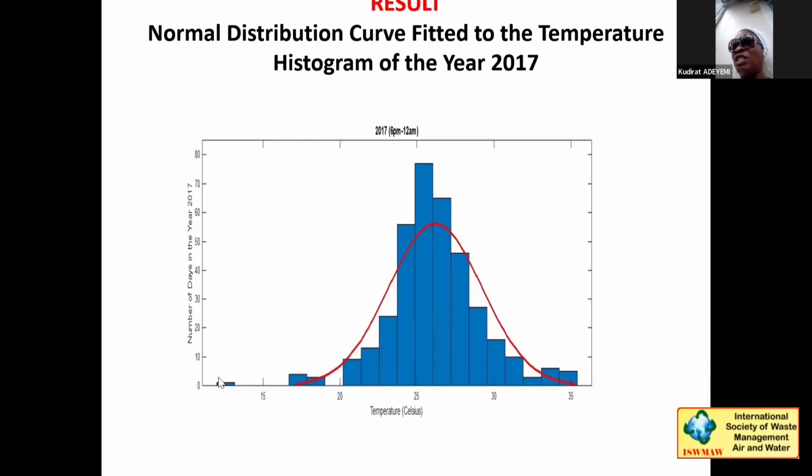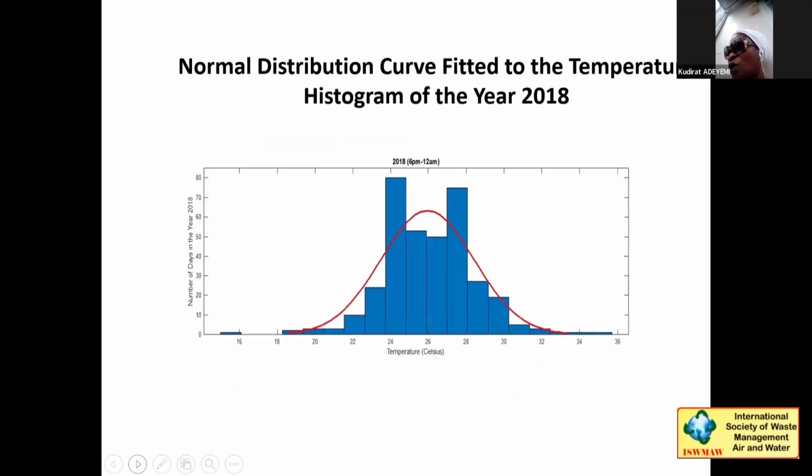For 2018, you will see it for the 3rd quadrant. For the year 2018, you can see the same thing, that at 24 and 28 degrees we have more of this; the temperature occurs more in this particular year. So the discussion on the results, let's go to the next slide. That's the discussion.